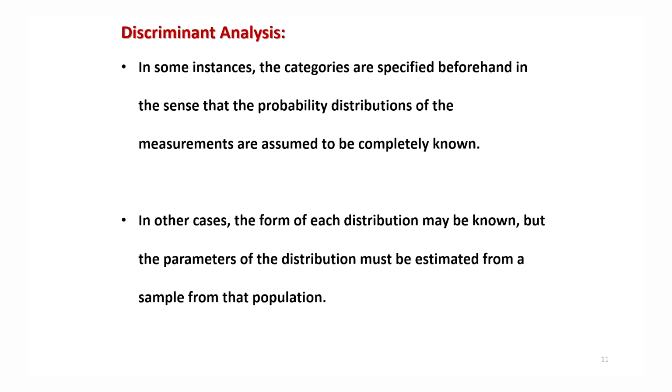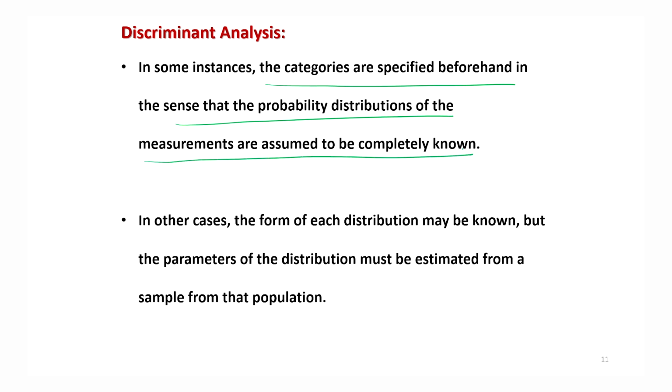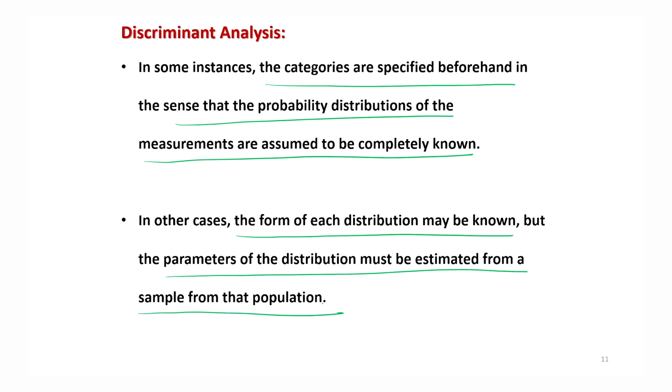In some instances, the categories are specified beforehand, in the sense that the probability distributions of the measurements are assumed to be completely known. In some cases where we do not have this complete information, the form of each distribution may be known, but the parameters of the distribution are not known, and so in such cases they must be estimated from a sample arising from that population.